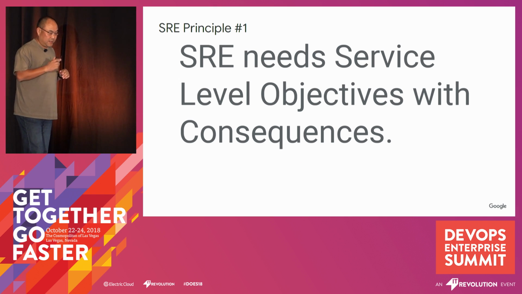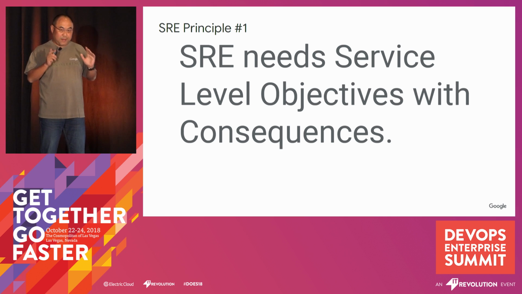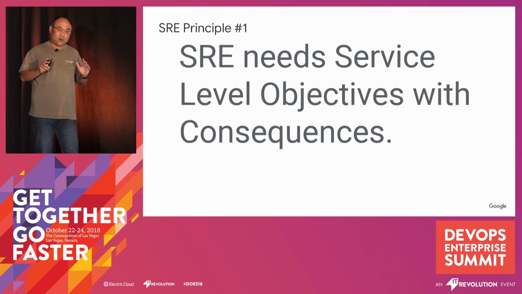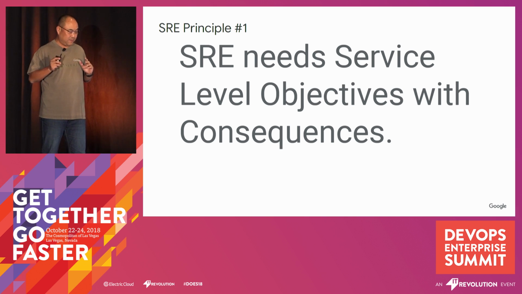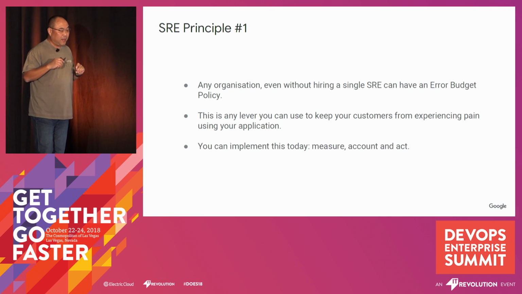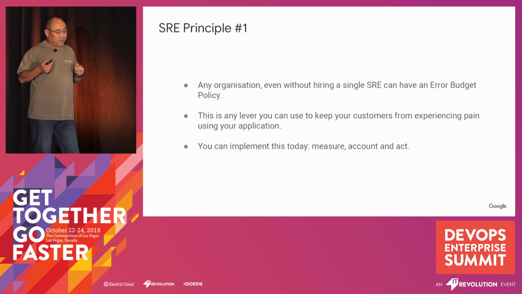So let me summarize principle number 1. We SRE demand and define the SLO to be the SLO with a consequence to be the first thing. It also means that any organization, even without hiring a single SRE, can have the same error budget policy. This is just an idea. You can implement this today by starting to measure, account, and act.